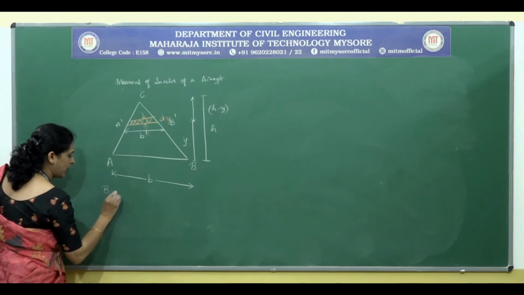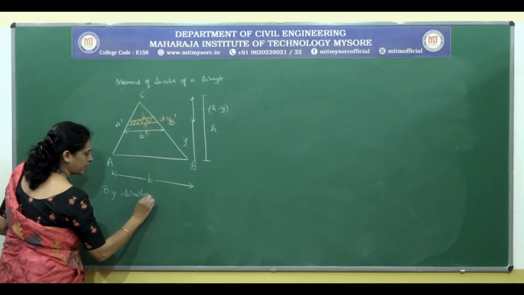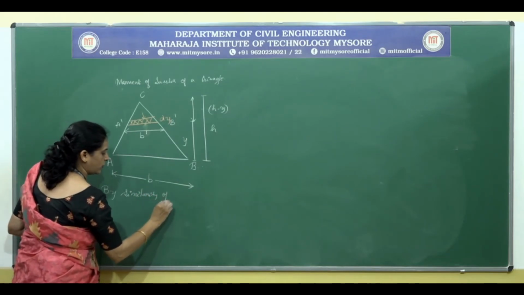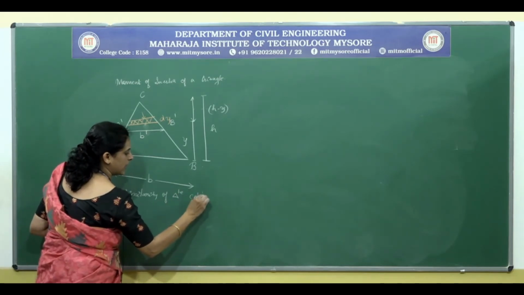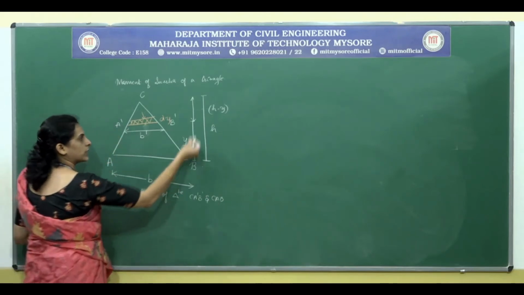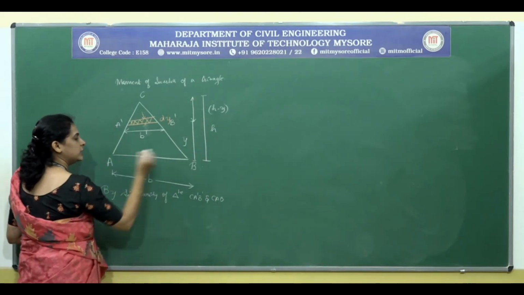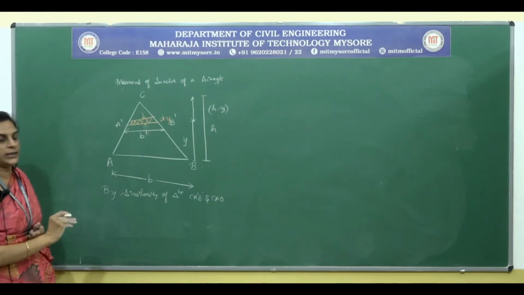By similarity of triangles CA dash B dash and CAB, we will compare the height and breadth of the said triangles.